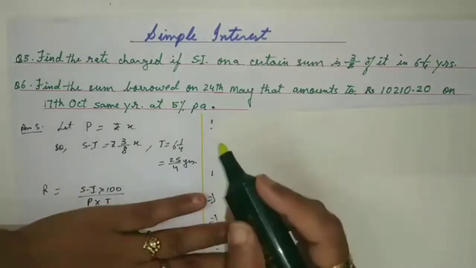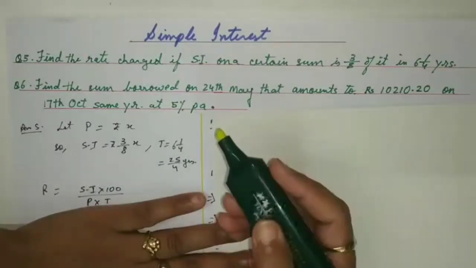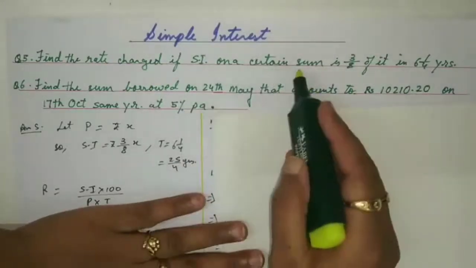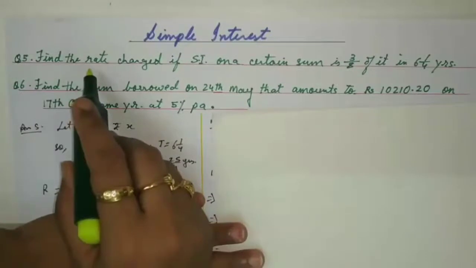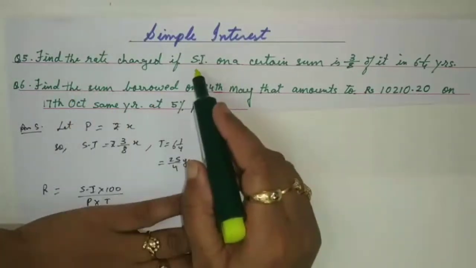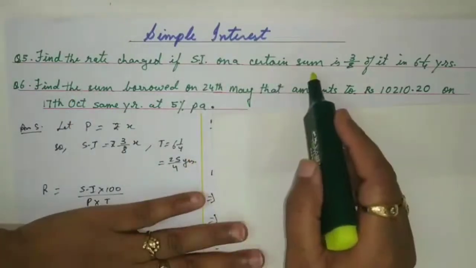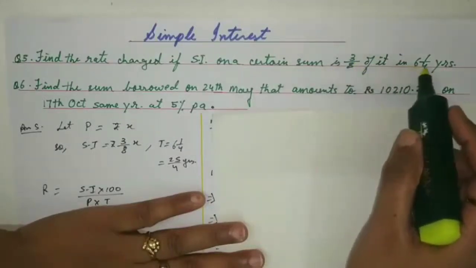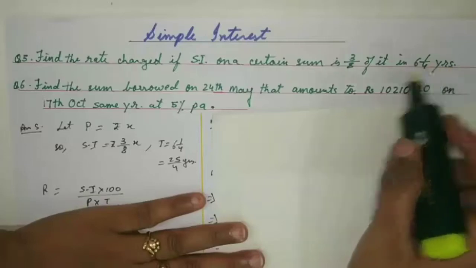I have taken questions of that form also. You may get a question where simple interest is some fraction of the principal. This is one example where you have to find out the rate. So you have to find out the rate.